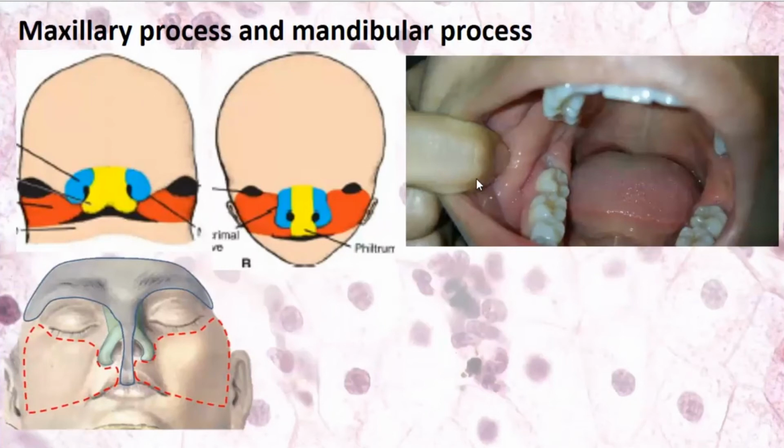And here we can see that maxillary process and mandibular process also are fused. Embryonic mouth is very wide, and the angles are located on two sides of our face in the embryonic period. And on early stages of the embryonic period, maxillary process and mandibular processes are fused.